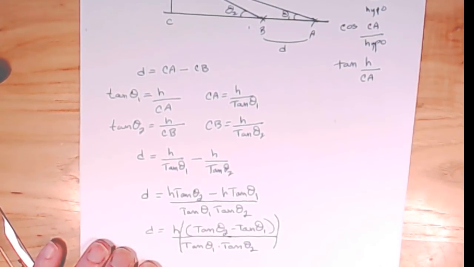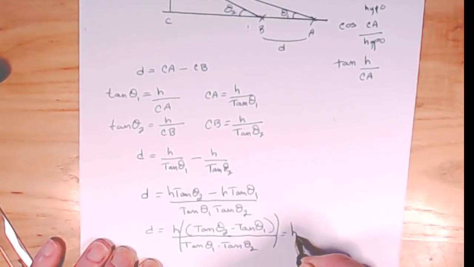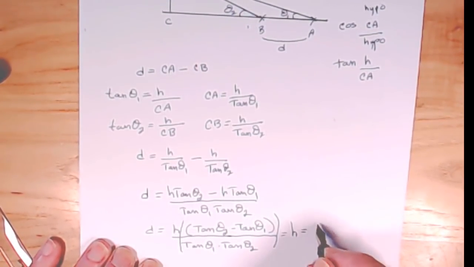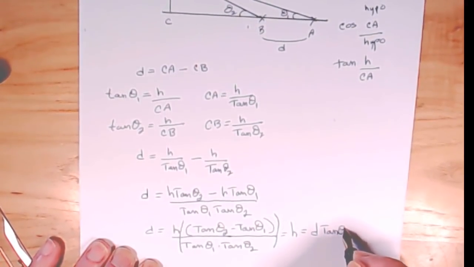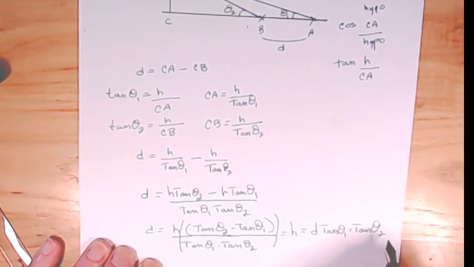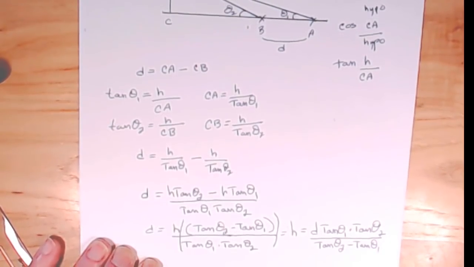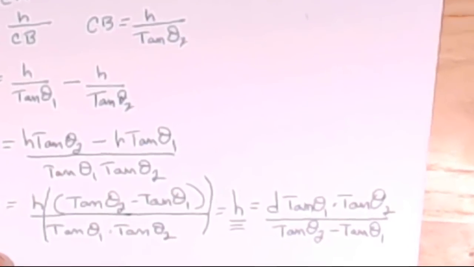So we're going to divide d by this entire term here to isolate out h. And that will equal that. Now we have solved for h.